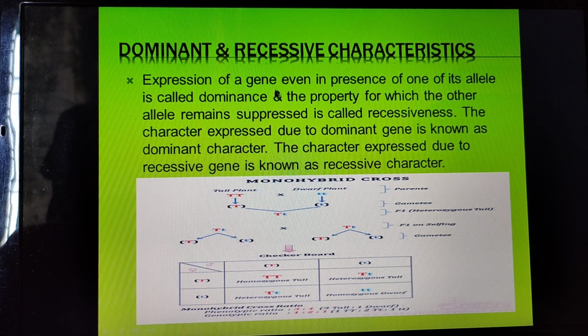Expression of a gene even in presence of one of its allele is called dominance, and the property for which the other allele remains suppressed is called recessiveness. The character expressed due to dominant gene is known as dominant character, and the character expressed due to recessive gene is known as recessive character.